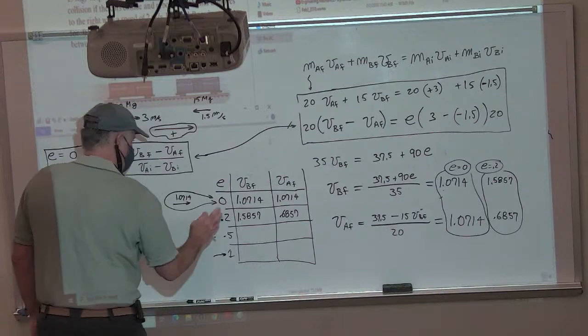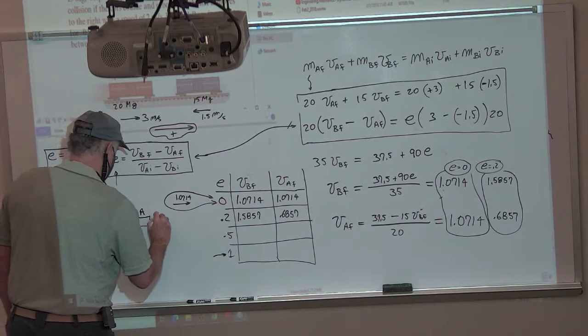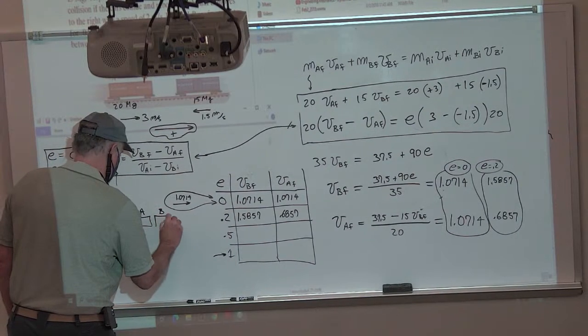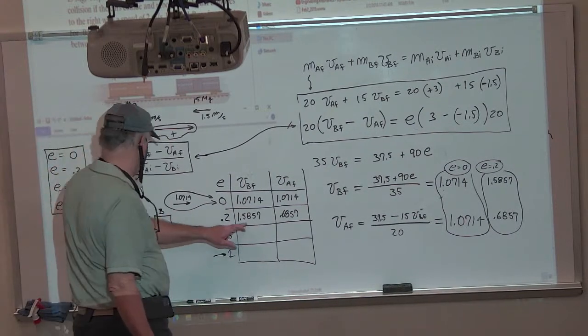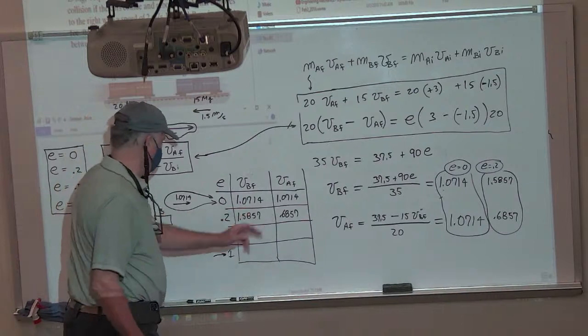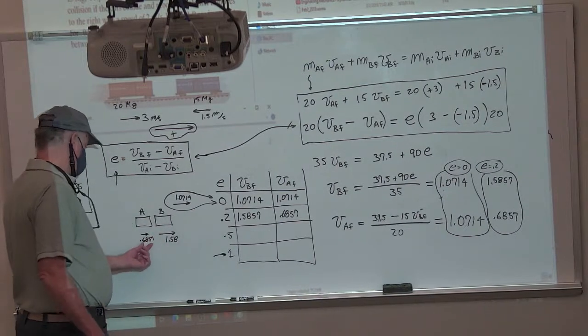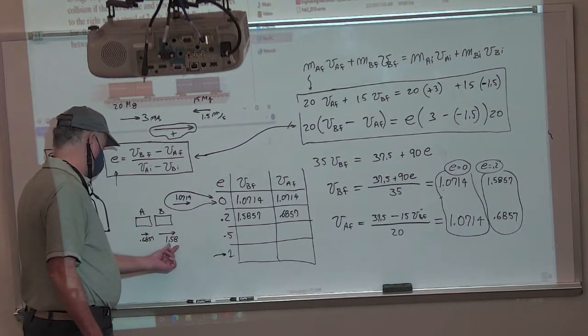So in fact, here's A, here's B. Okay, look at B, it's moving to the right at 1.58. A is moving to the right a little slower. This one cannot outrun that one.